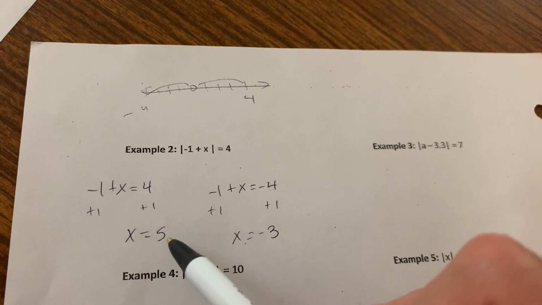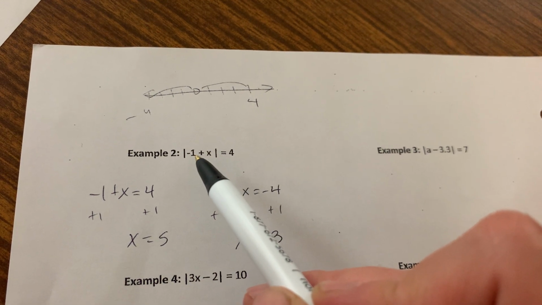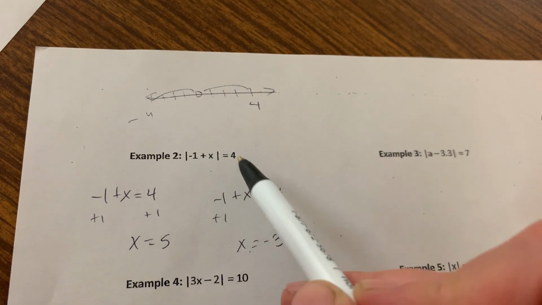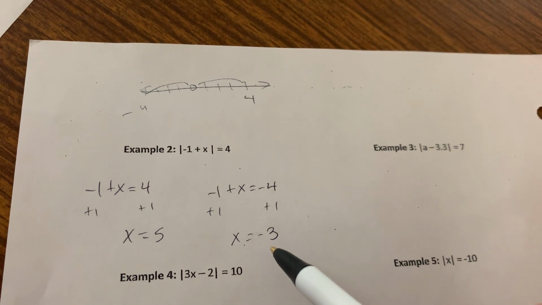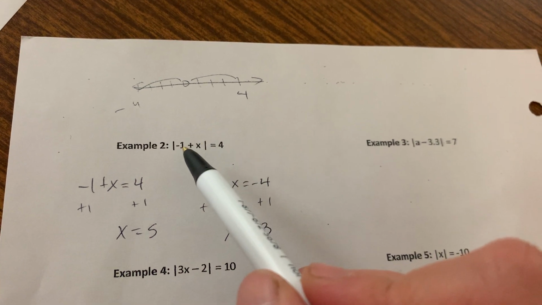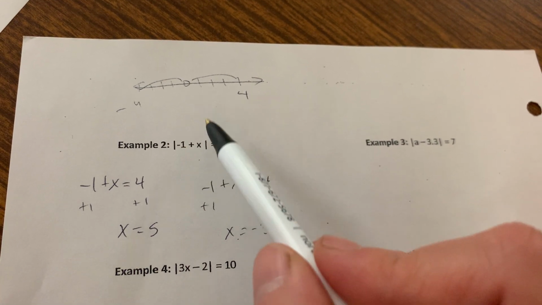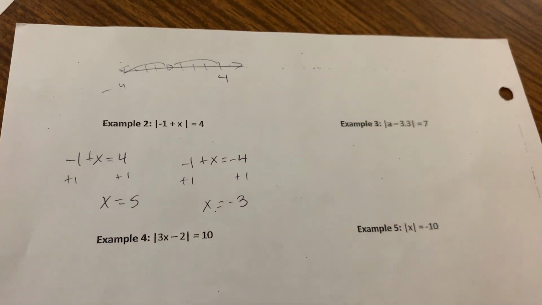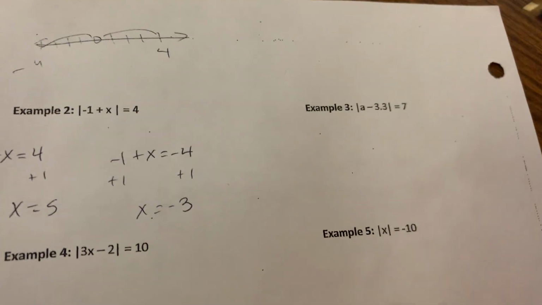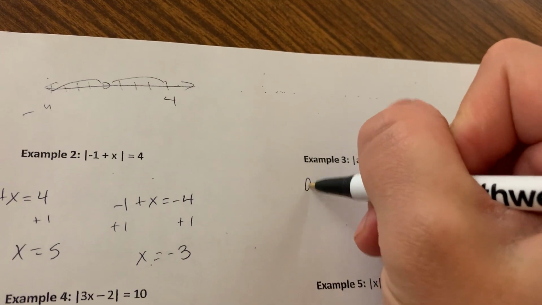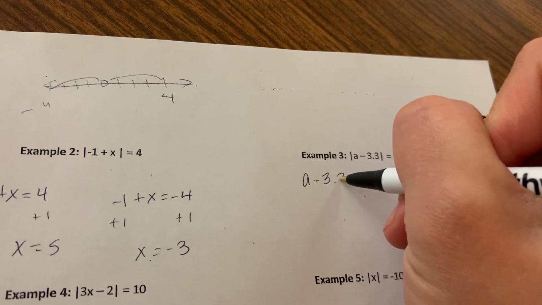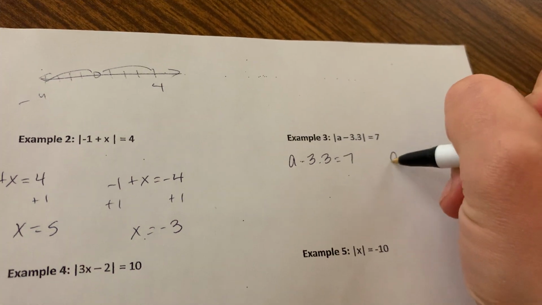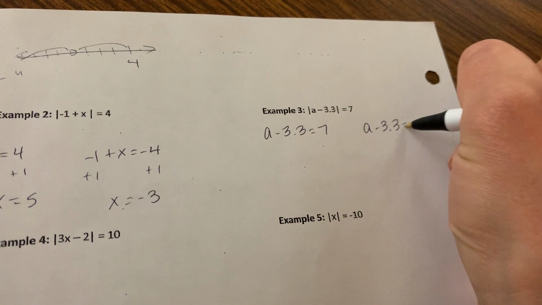So if x is 5, I remove 1, I get 4. My distance from 0 to 4 is 4, correct. If my value is -3, -3 plus -1 is -4. My distance from 0 to -4 is also 4. Okay, that's it. It's pretty simple. Absolute value has two directions for distance, so you're always going to have two equations.